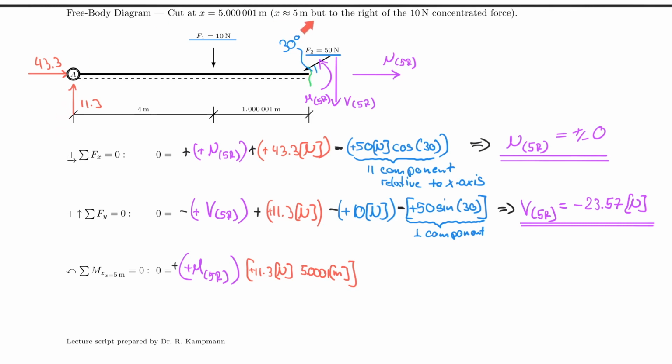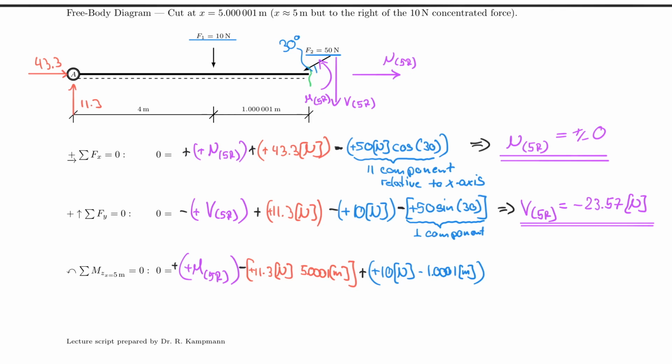So this force rotates clockwise, therefore it's negative, which I need to indicate here. And I include my 10 Newton once again, which is also positive, and multiply that by 1.0001 meter. And that is turning counterclockwise, if I'm not mistaken. Yeah, so I turn about this point, this force turns this way around, counterclockwise, therefore positive.